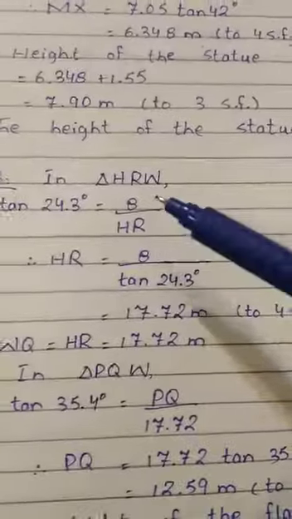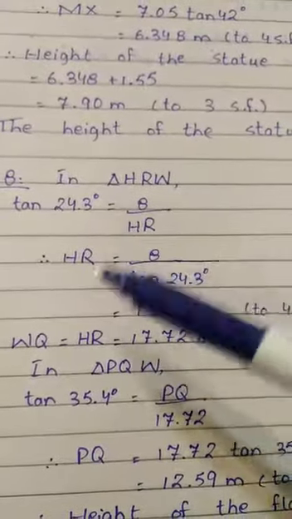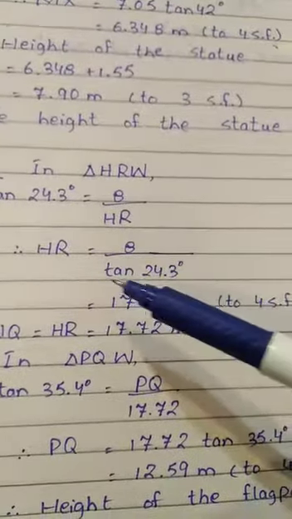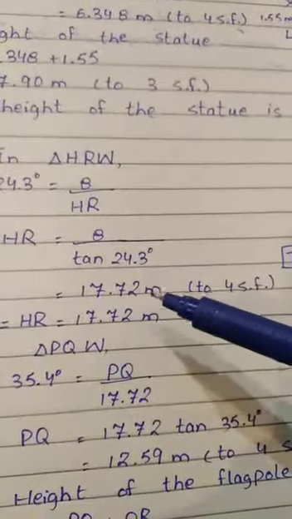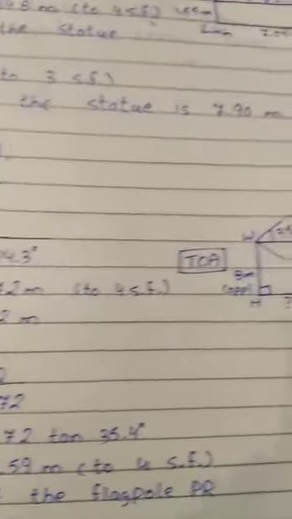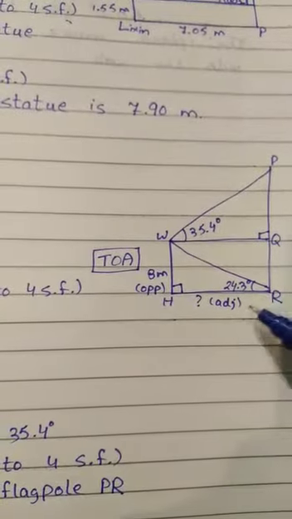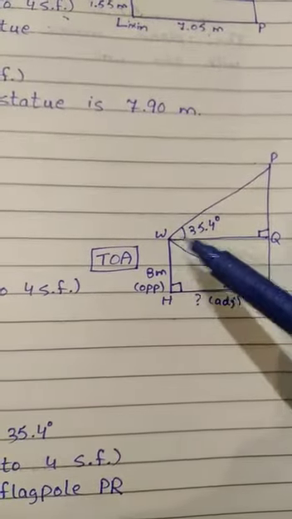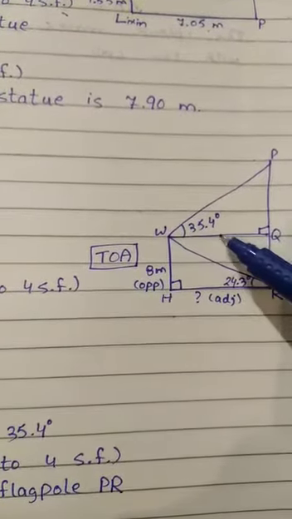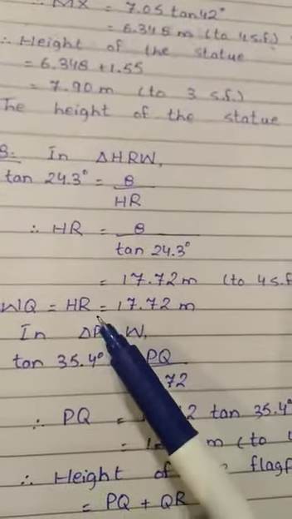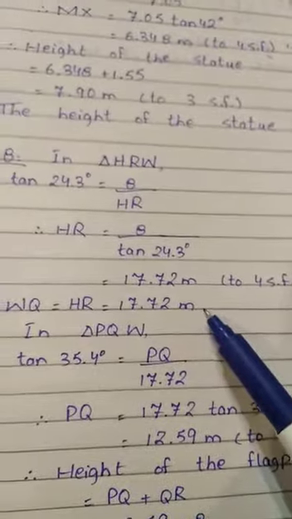In triangle HRW, the equation becomes tan 24.3 equals 8 over HR, and then we get HR length equal to 17.72 meters to 4 significant figures. HR is equal to WQ, so WQ is also 17.72 meters.